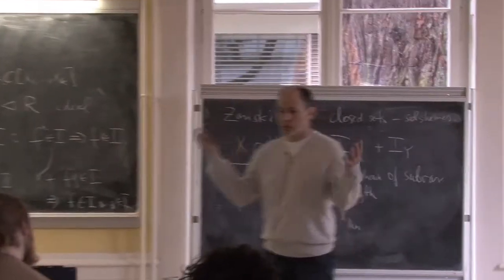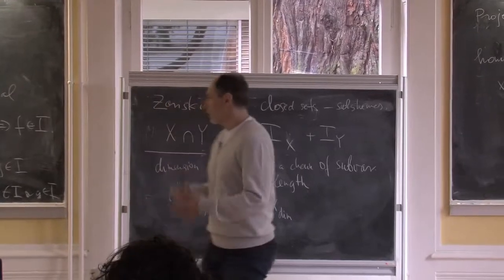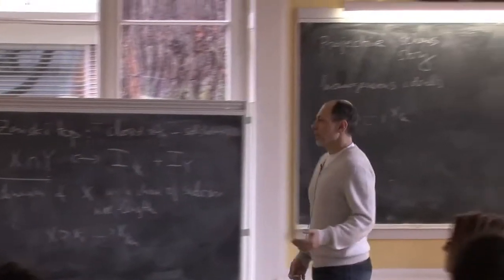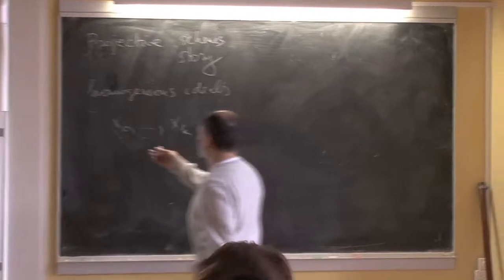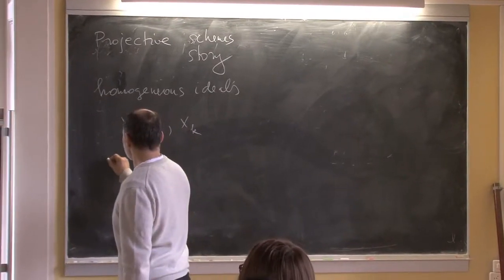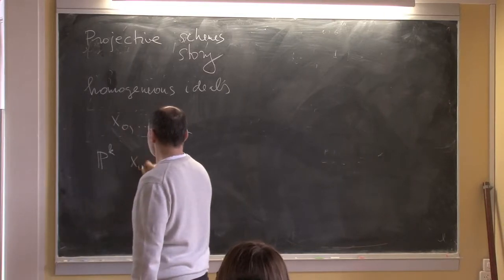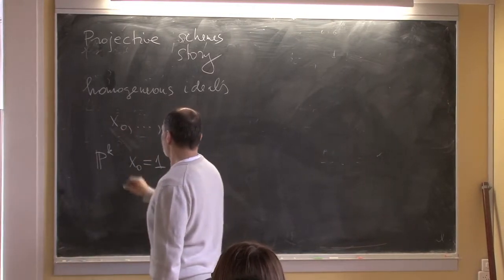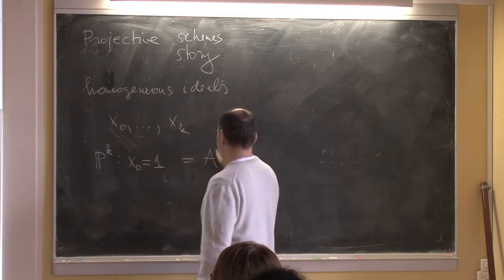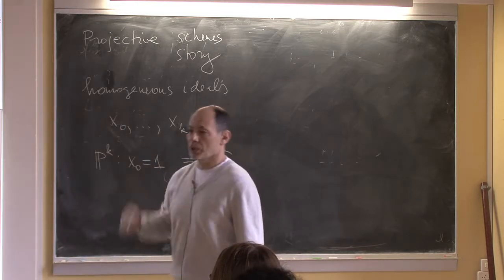Obviously, in this case, in projective space, you'll have subvarieties, subschemes, etc. And in fact, clearly, if in P^k you set x0 to be 1, this is just going to reproduce for you the affine situation.